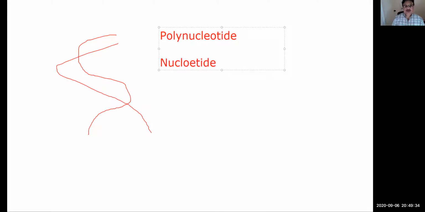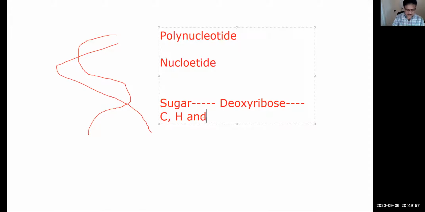Now, what is a nucleotide made up of? A nucleotide is made up of a sugar. What sugar is it? It is deoxyribose. And what atoms are present here? It's carbon, hydrogen, and oxygen.